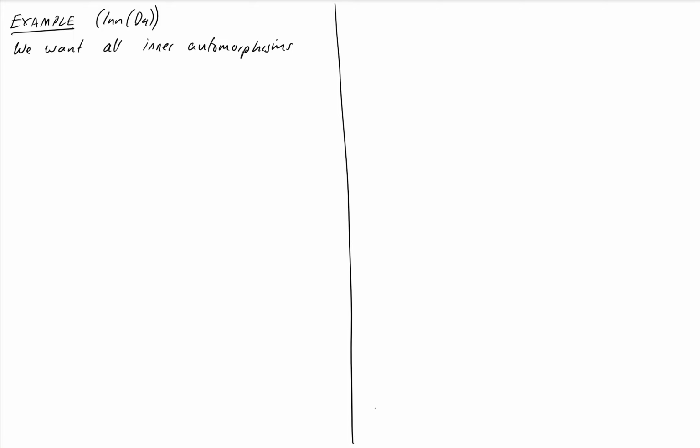Okay, so our possibilities. We know that we get one inner automorphism per element, so we should have these as our collection of possible inner automorphisms. One for each of the elements of our set D4.